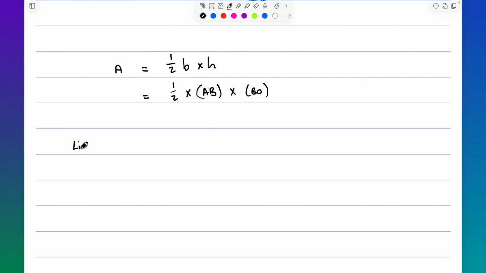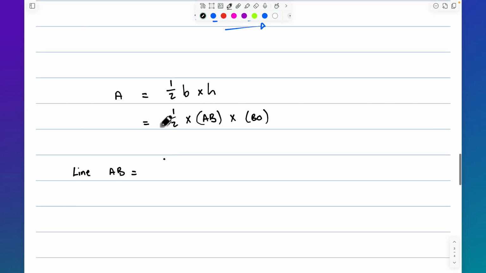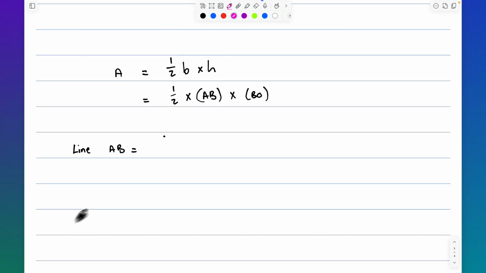So line AB is going to be equal to, right? I'm going to draw these separately over here. We have this line. We have B, we have A. A is at negative 6 over 5 and 0. B is at negative 30 over 41 and 24 over 41.